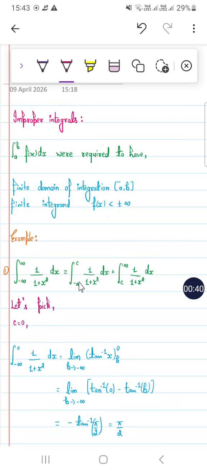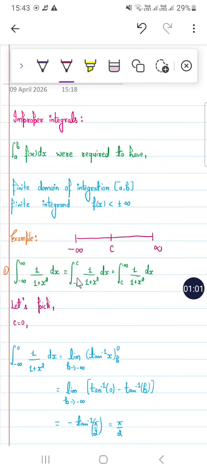Now for minus infinity to c, we will take the integrand's limit, and that type also applies for minus infinity to plus infinity and c. So we take the limit as minus infinity to c and c to plus infinity. To find the limits of integration, let's pick c equals 0.